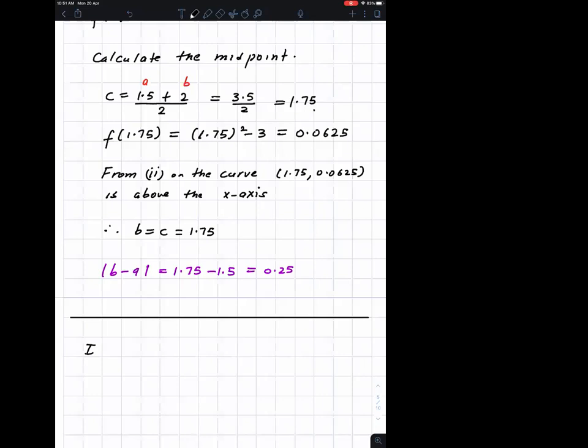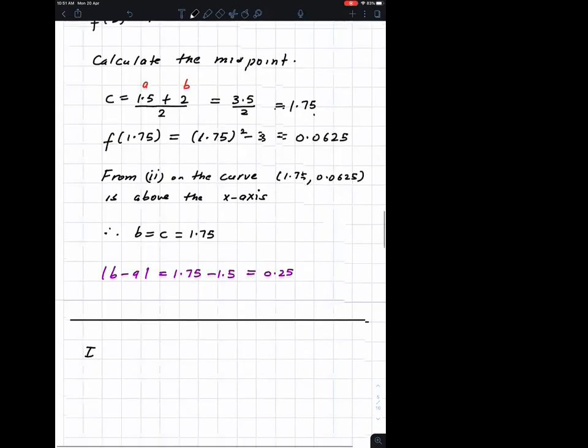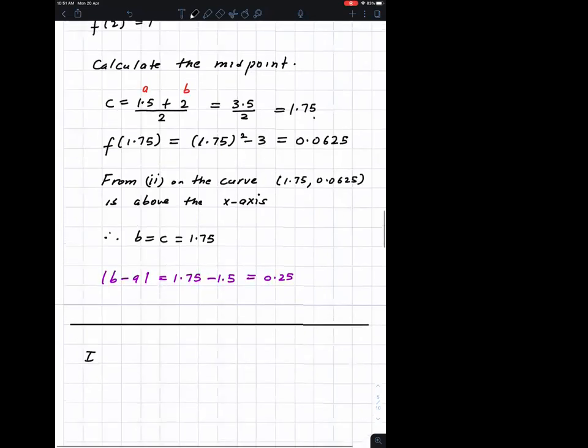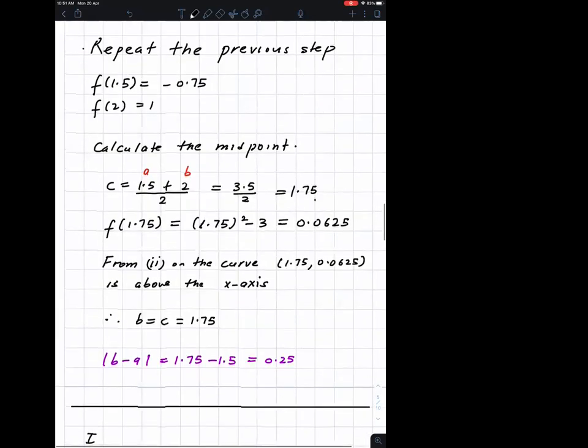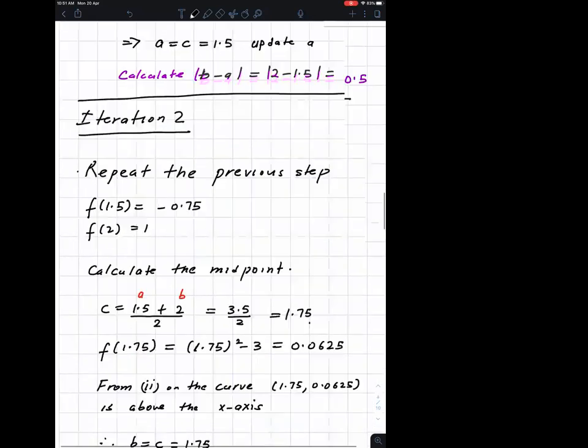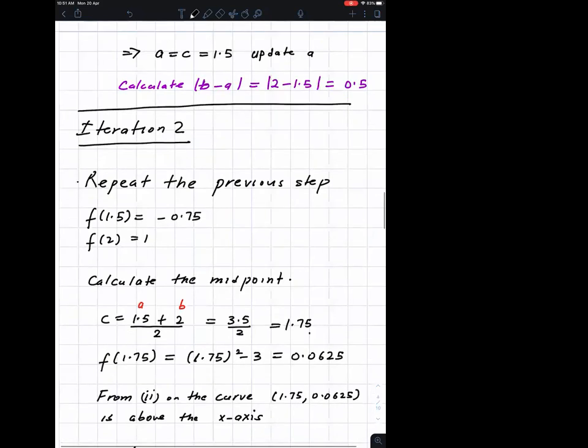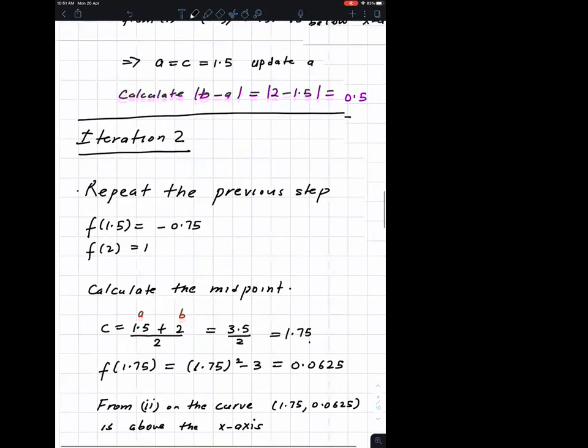Why we are doing 1.75 is because, remember earlier on we calculated our new interval.